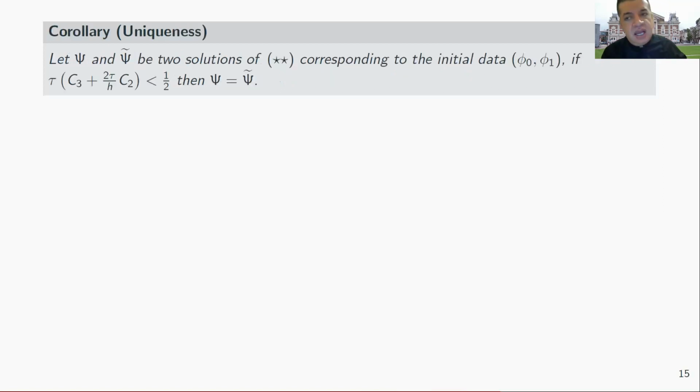Okay, as a corollary of this theorem, we can establish the uniqueness of the scheme. So let's suppose two solutions of the scheme, but with the same initial conditions, and let epsilon be the error between the two solutions.